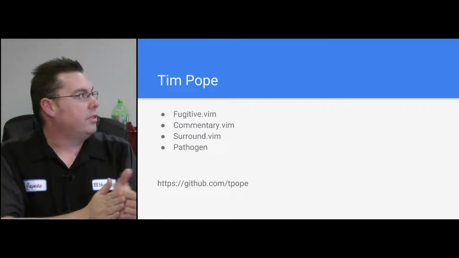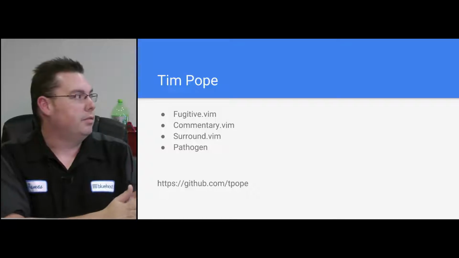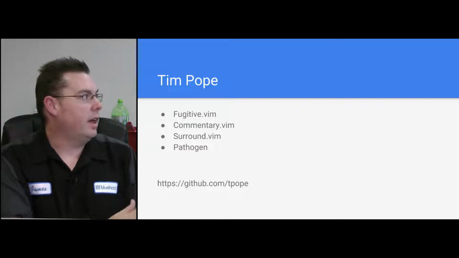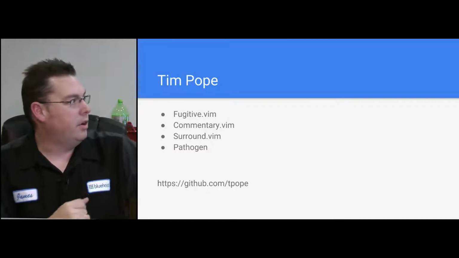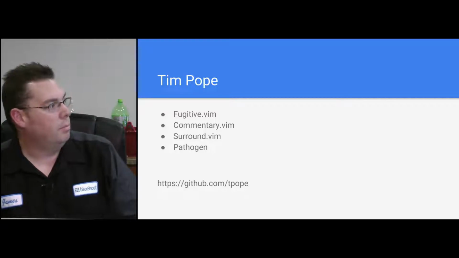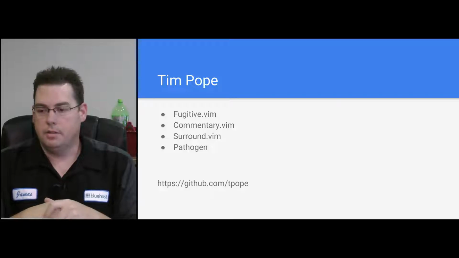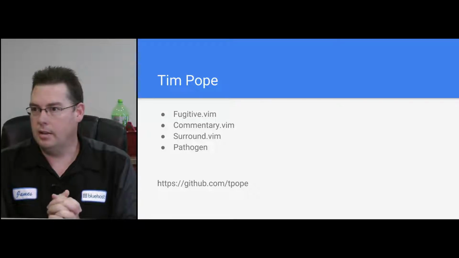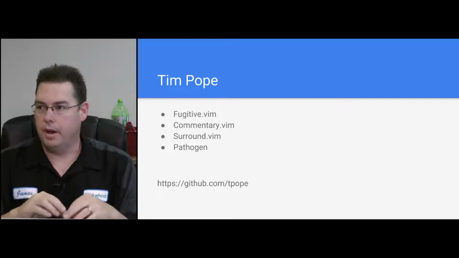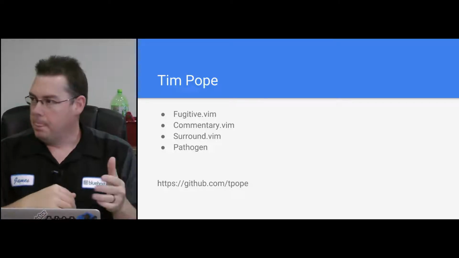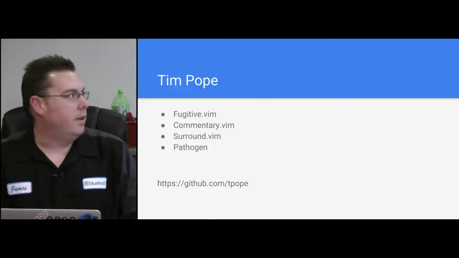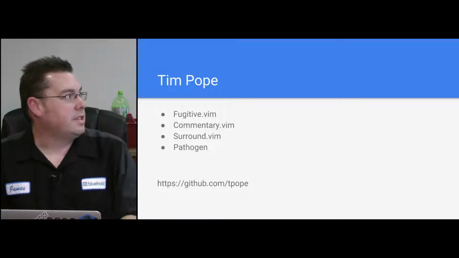Tim Pope has quite a lot of plugins, and I like quite a lot of what he does. If you go to his GitHub, you can see more that he has. But fugitive.vim just gives you some nice Git integrations. So in your file, you can diff and commit and add and just write in Vim. Commentary is really simple.